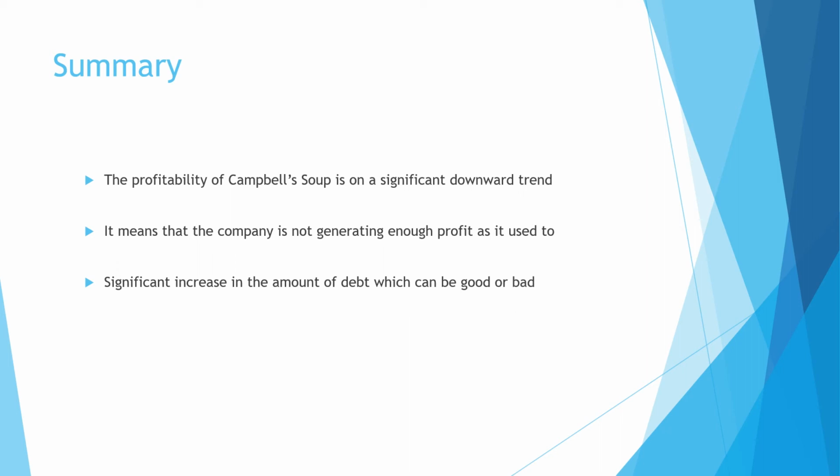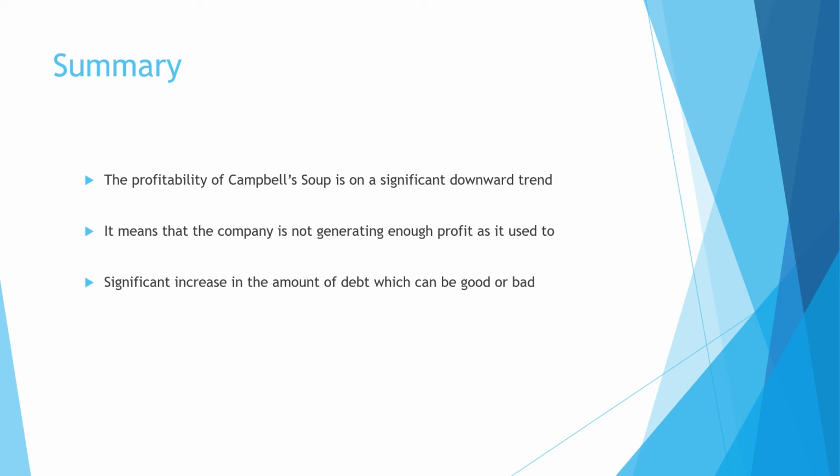profits. There has also been a significant downward trend in the ROE and the ROA, and an increase in the days in sales receivable ratios, which is not a good sign for Campbell's Soup. At the same time, we can see a significant 3.5 times increase in the debt to equity ratio when compared to the previous years, which means that Campbell's Soup is taking more debt than usual.